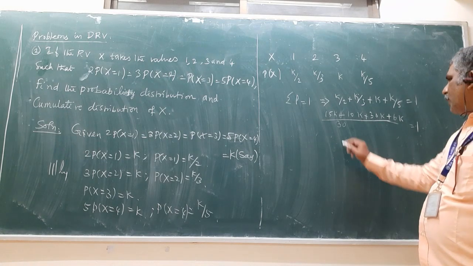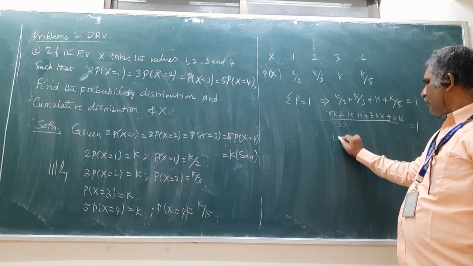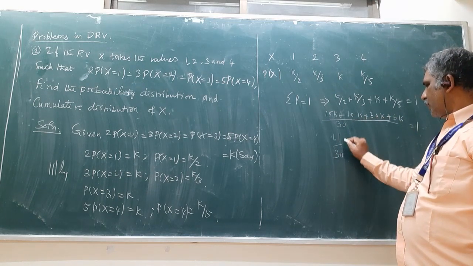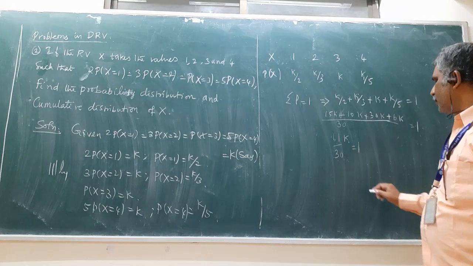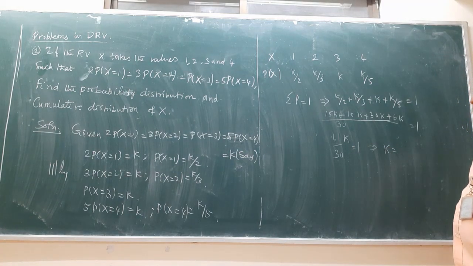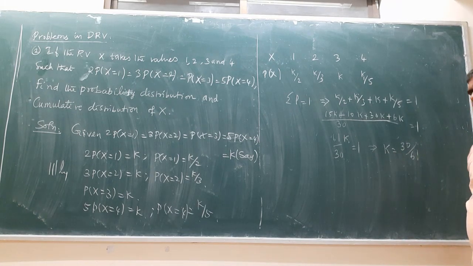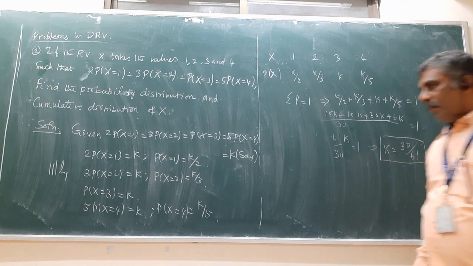Therefore, adding all this, we get 61k by 30 equal to 1. That implies k equal to 30 by 61. This is the value of k.